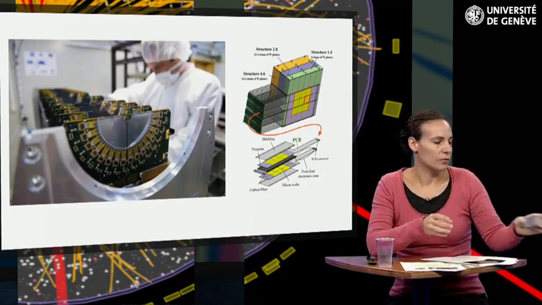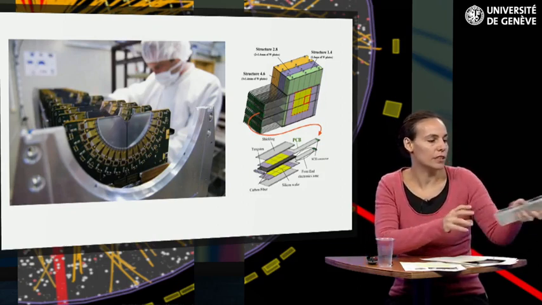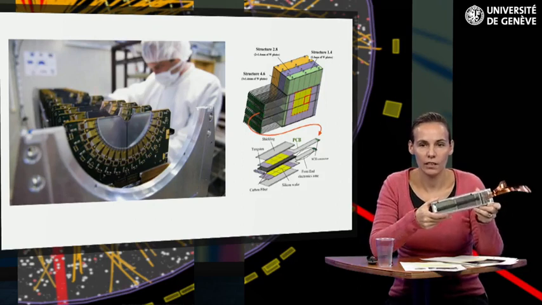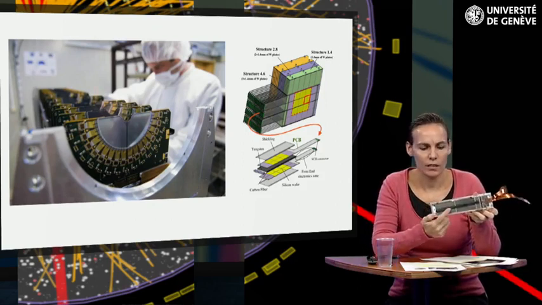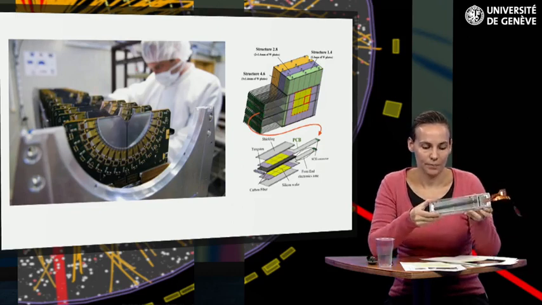Usually one connects several sensors together to build a detection unit like this one, where there are two silicon sensors connected in the middle by microbonding, and then at one end microbonding connects them to the readout electronics.